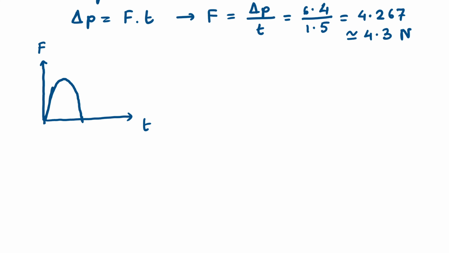So you can see the height of this graph is quite large, and the area under this graph is the change in momentum. So this thing over here is the change in momentum.